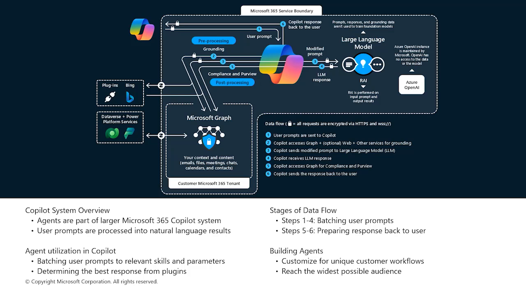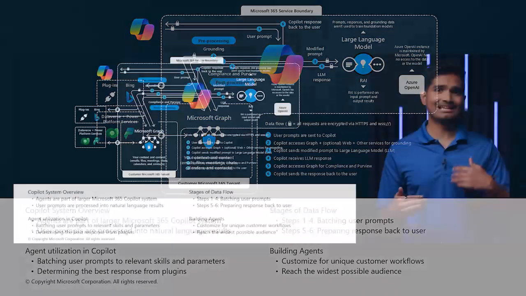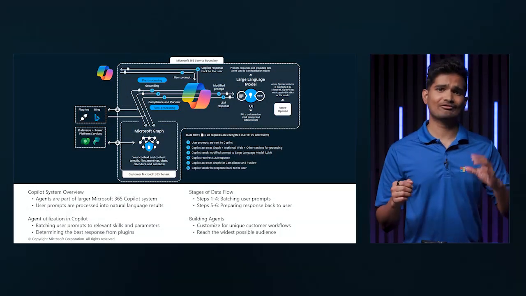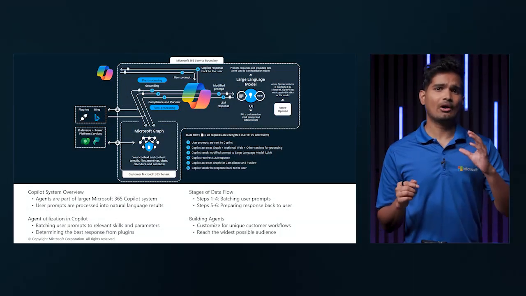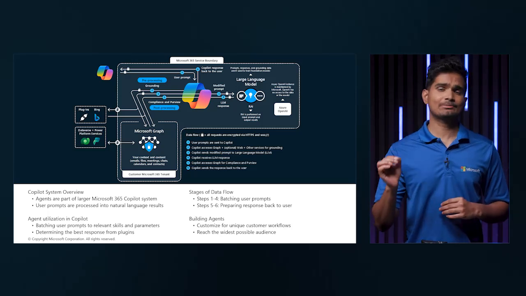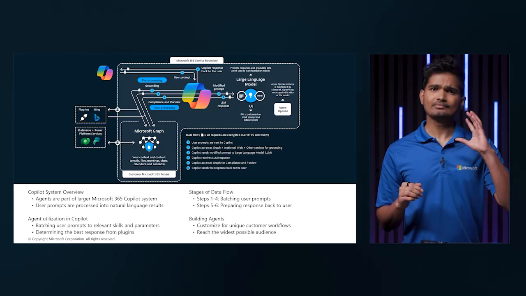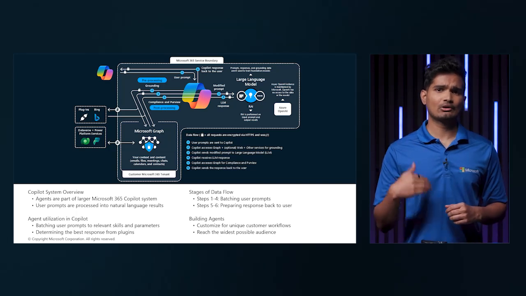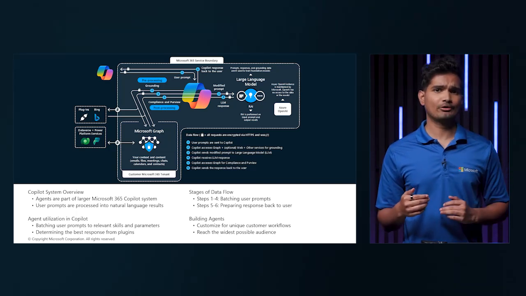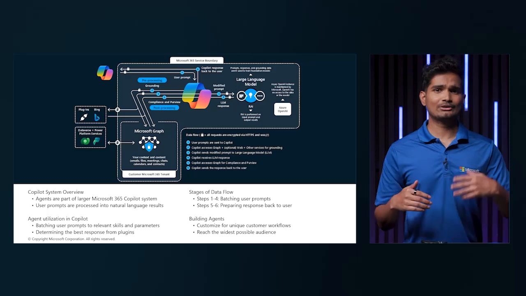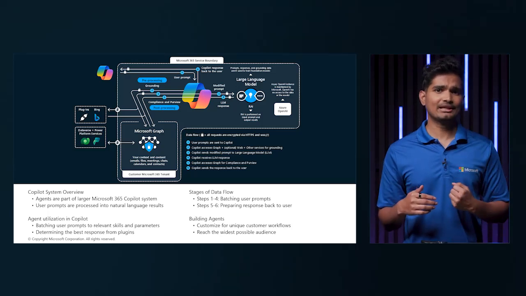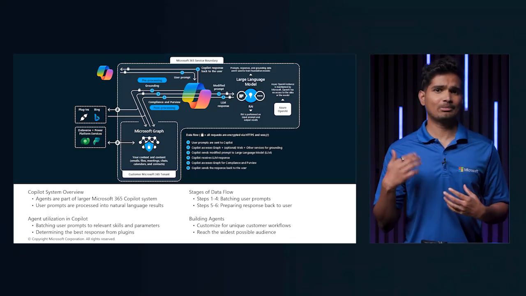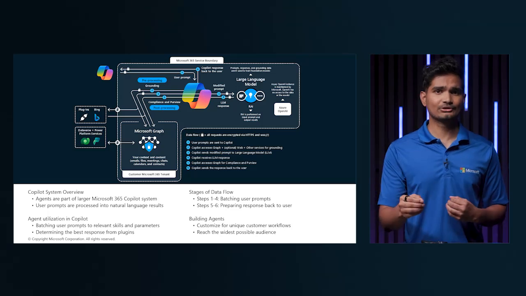First, matching the user's prompt to the most relevant skill and parameters, then determining which results from the plugin are the best possible response for the user's prompt. The first stage corresponds to steps 1 through 4 in the data flow diagram. Steps 5 through 6 happen as Copilot prepares a response back to the user.